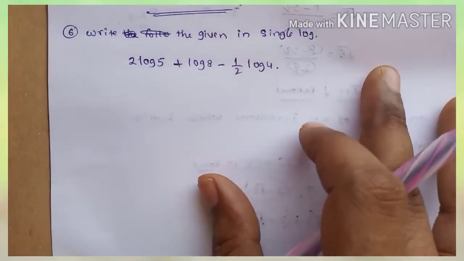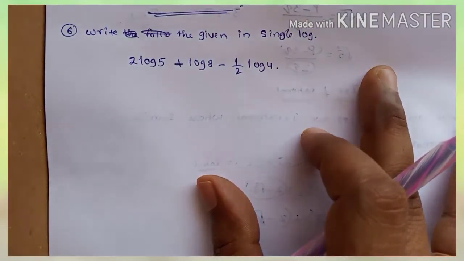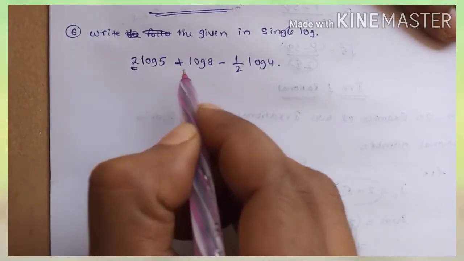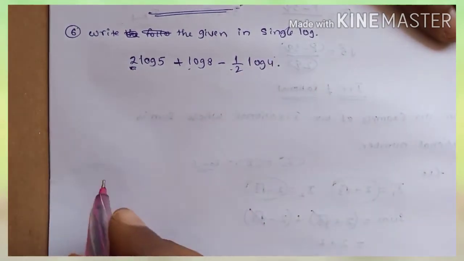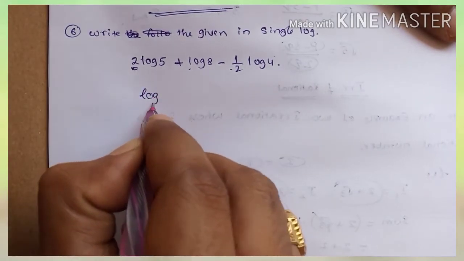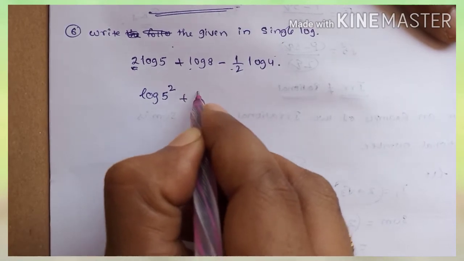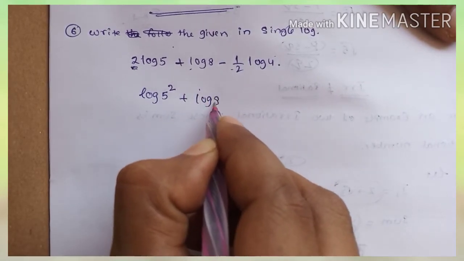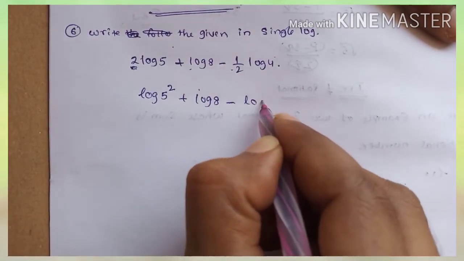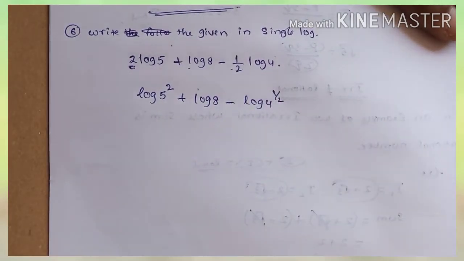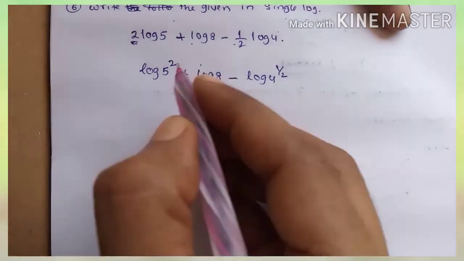Now the next one: write the given as a single logarithm. This is the given. Here any coefficient that is there should be written in the power first. So logarithm of 5, this 2 we can write as power 2. Here no power is there, so log 8 minus log 4. The coefficient 1 by 2 you can write in the power, so power 1 by 2.